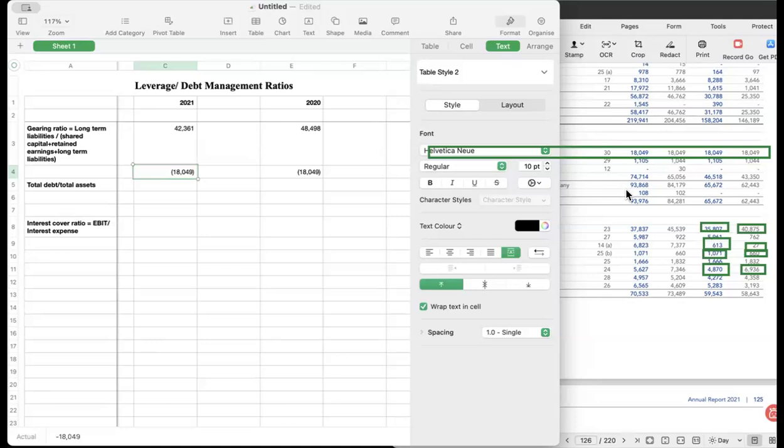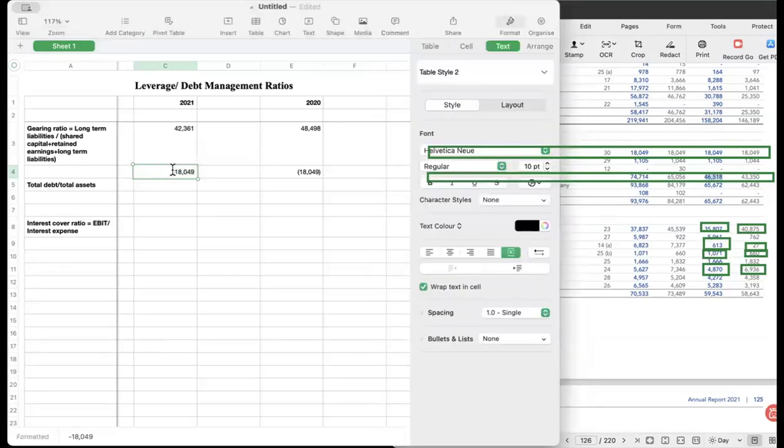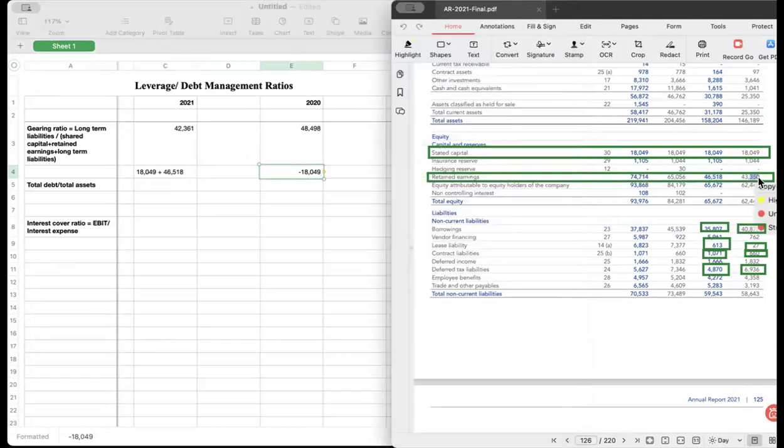And then retained earnings, it's over here. So this is 2021, right? If I mix up, please let me know. Plus, I shouldn't put it in brackets. Okay, so it's providing a negative value. 43350.